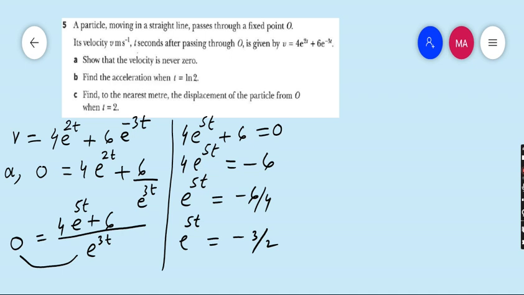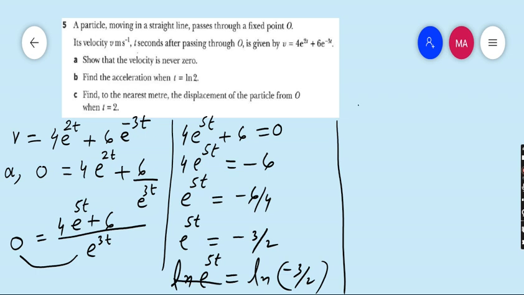Now, if we want to find the value of t, we must take ln on both sides. So ln e^(5t) equals ln of minus 3 upon 2.